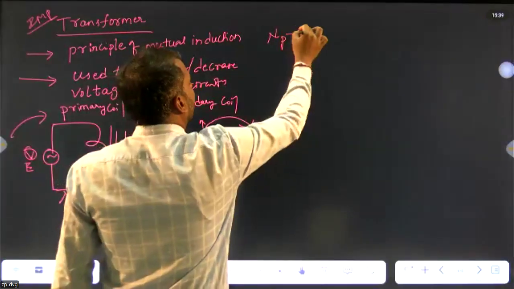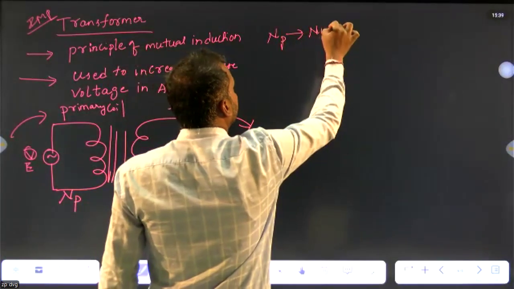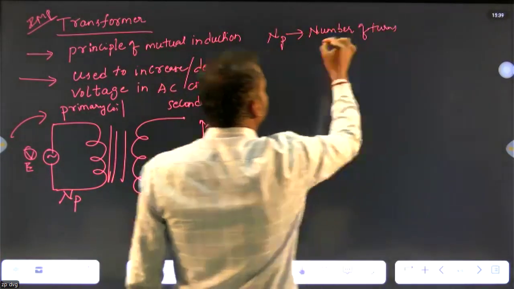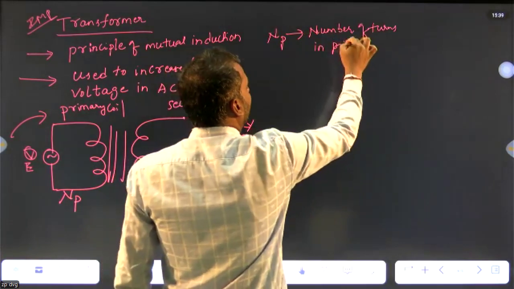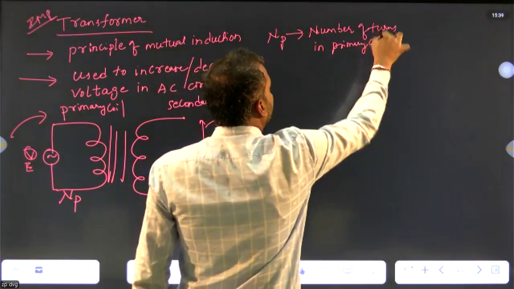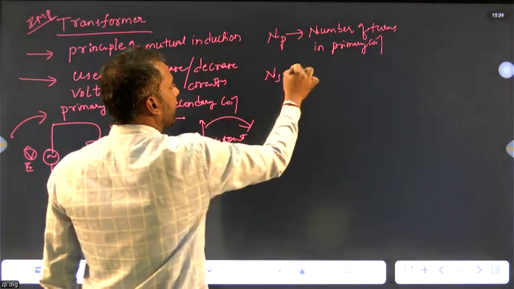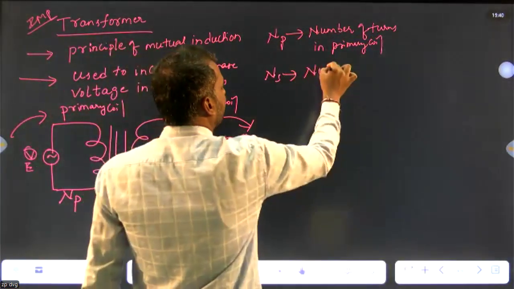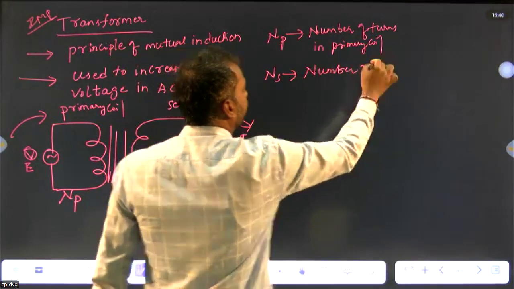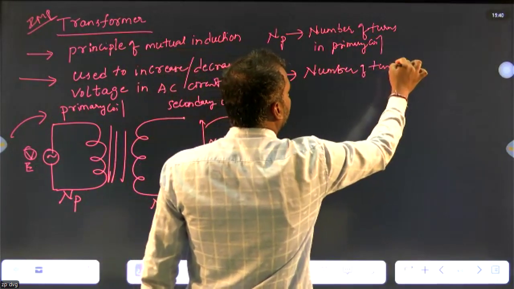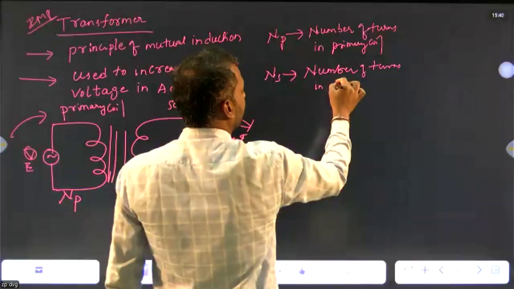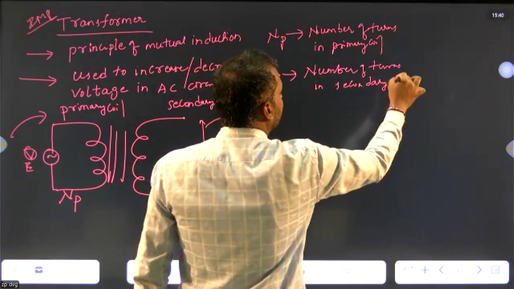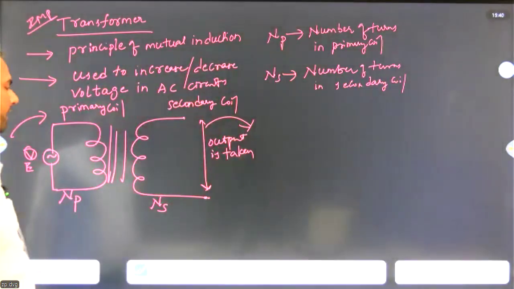NP means number of turns in primary coil, and NS means number of turns in the secondary coil.